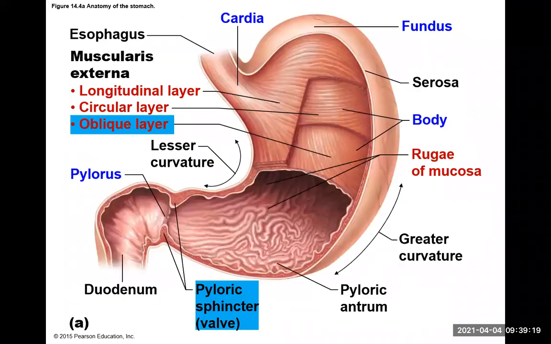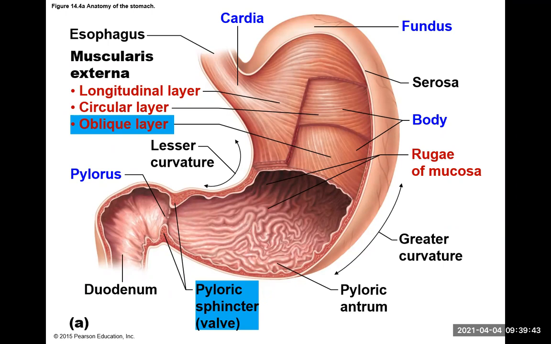Okay. And then one more thing I wanted to tell you about the stomach. There's an exception in the stomach. In the rest of the places, we said that the Muscularis externa is made up of how many layers? Inner circular, and outer longitudinal, isn't it?